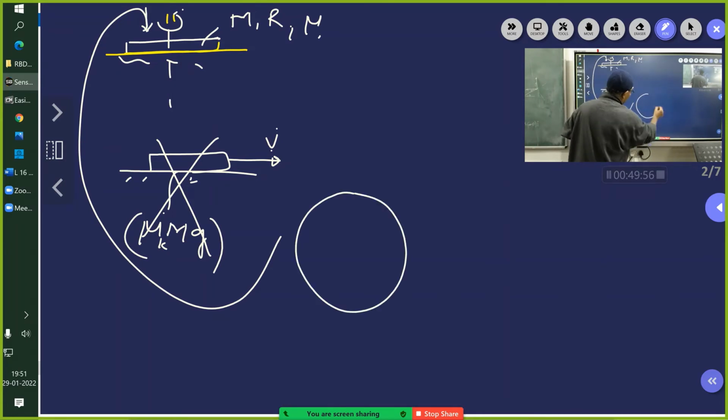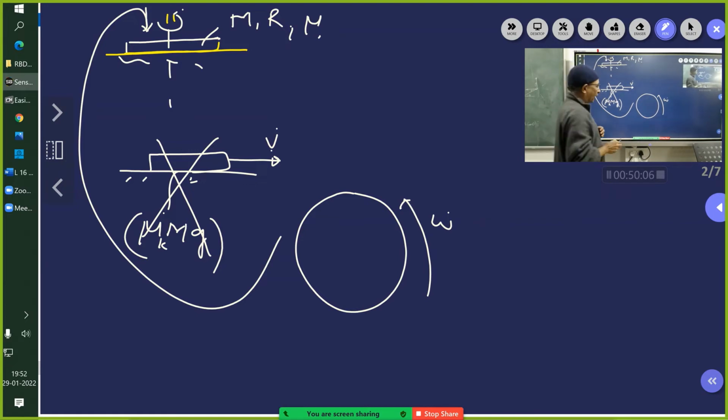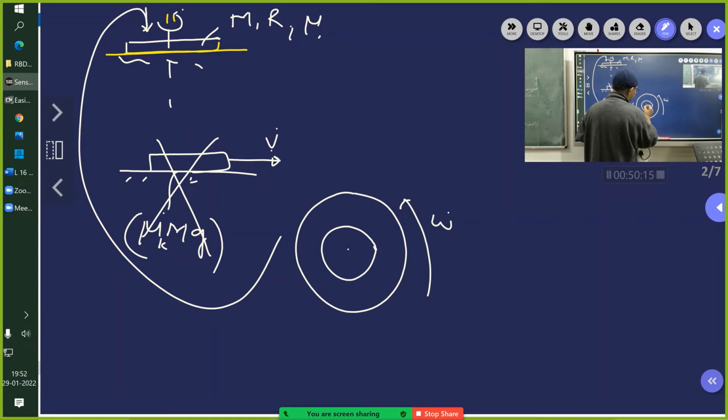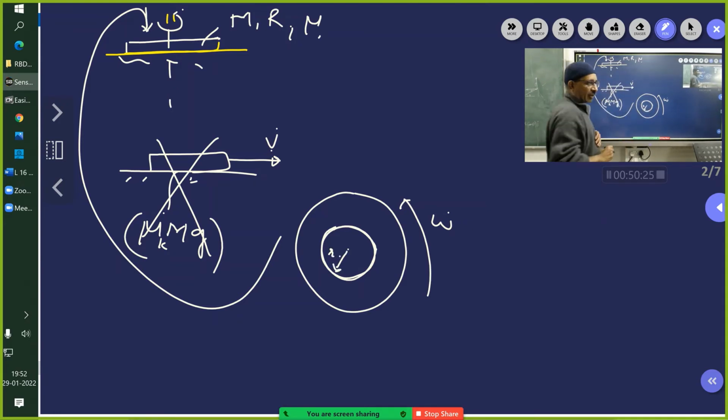Now from the center, if you take this point, this is at a smaller distance. These are the things which are at a smaller distance from this. Now there is a frictional force going to act on this.